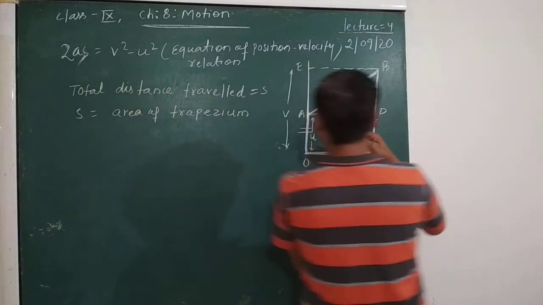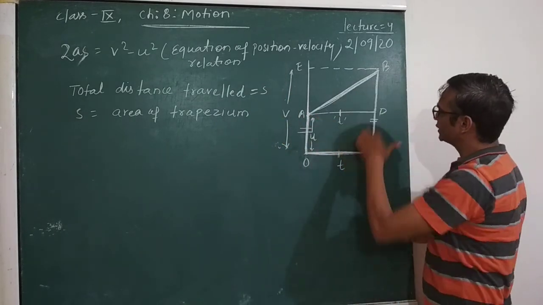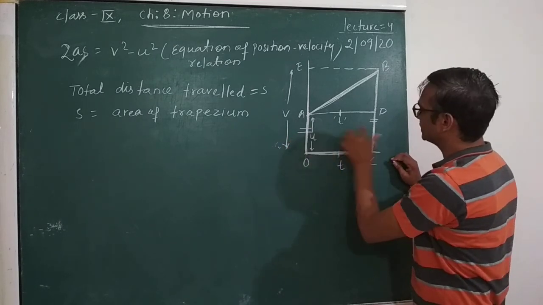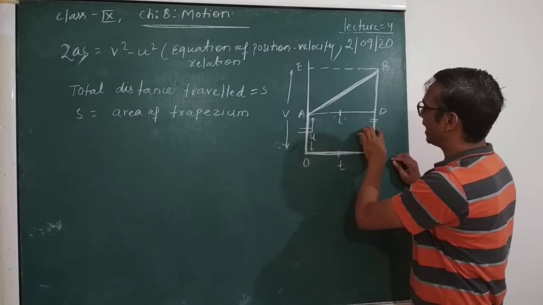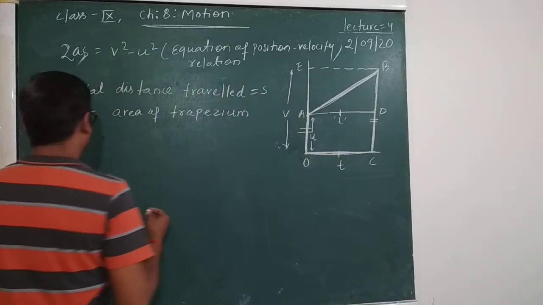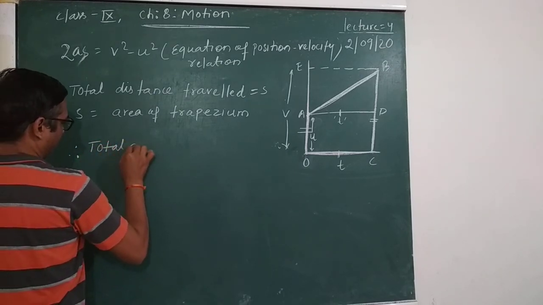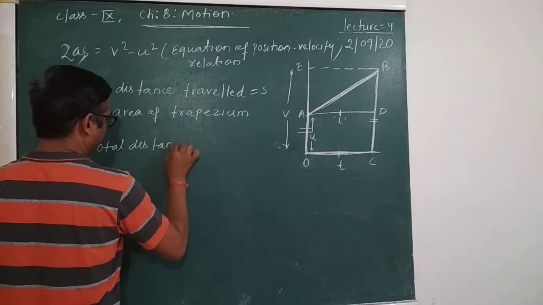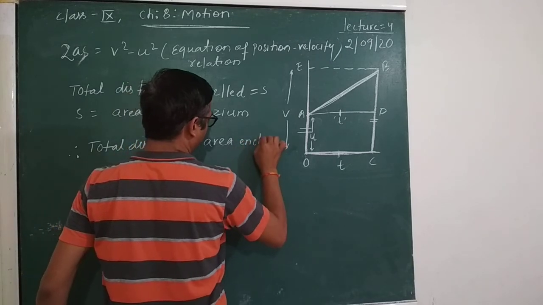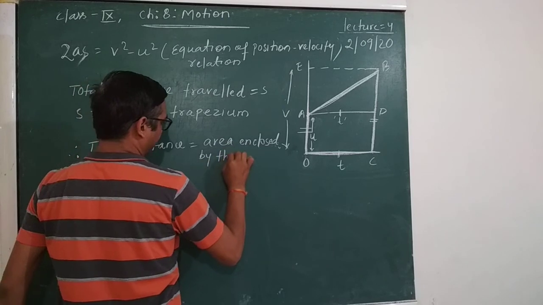If you invert this figure like this, you can see that it looks like a trapezium, because these two are the parallel sides and this is the height. So we can write here that s, the total distance, is equal to the area enclosed by the figure.